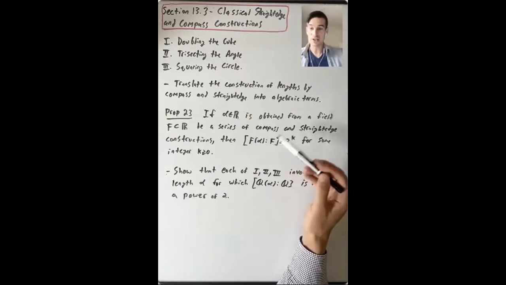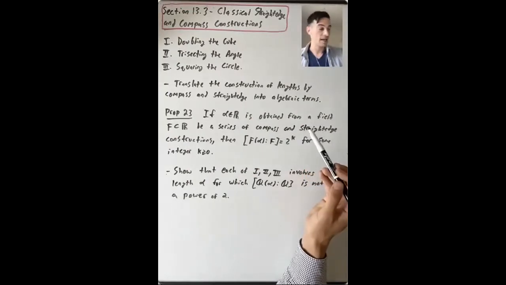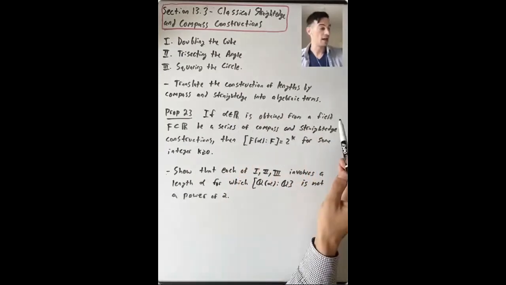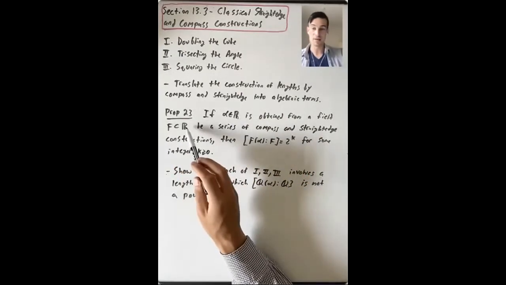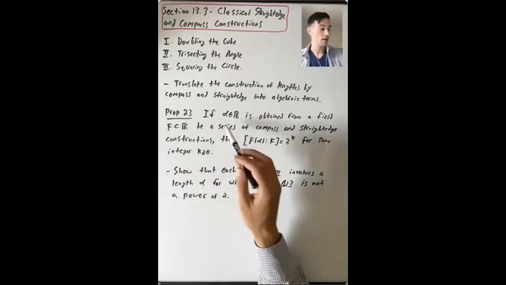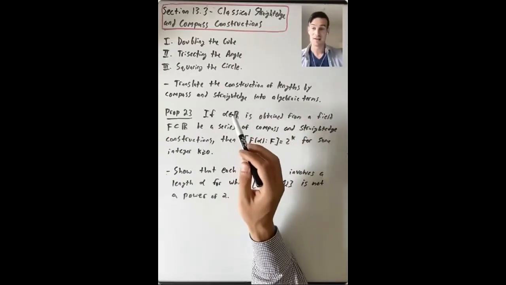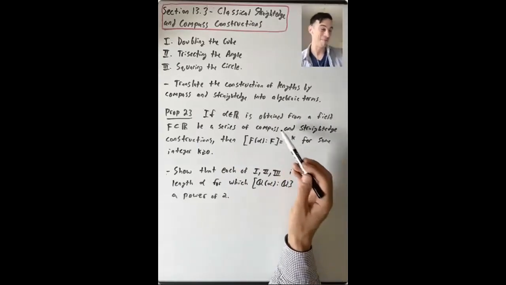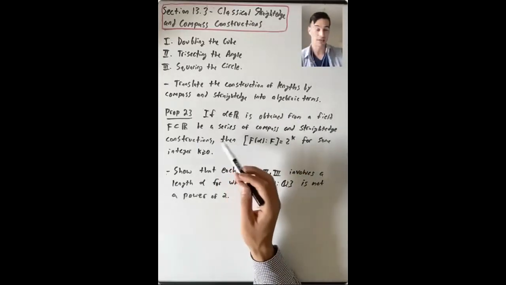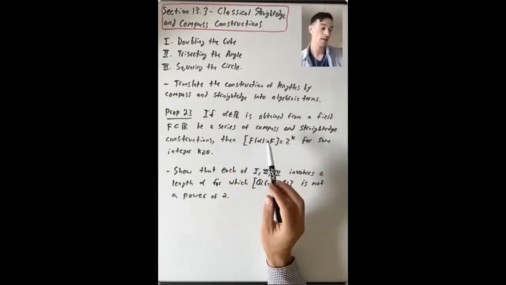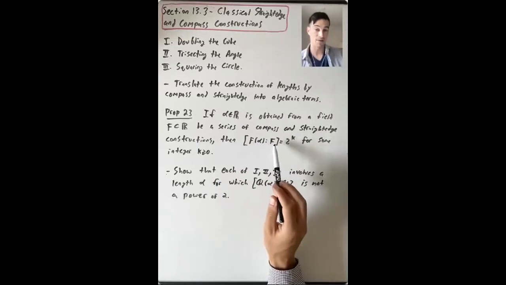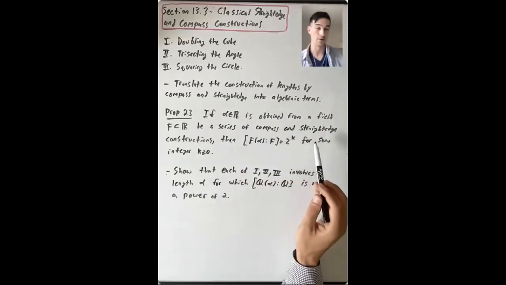The main proposition that you prove is: if you have an element alpha in R, starting from some field, some subfield F of R, and you can get to this real number length by a series of compass and straightedge constructions, then the degree of the field generated by alpha over F, as a field extension of F, is a power of 2.